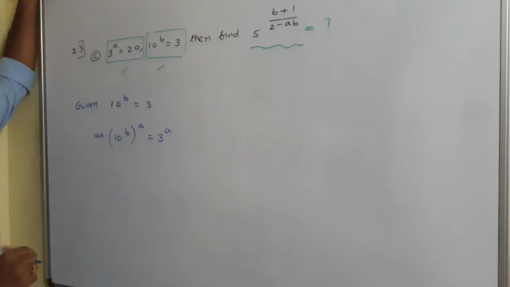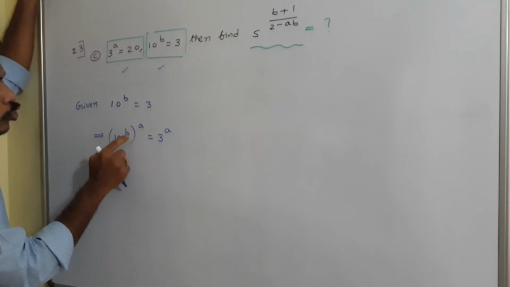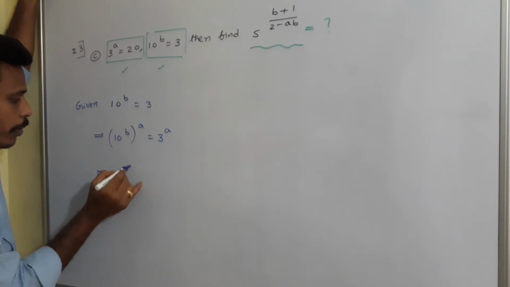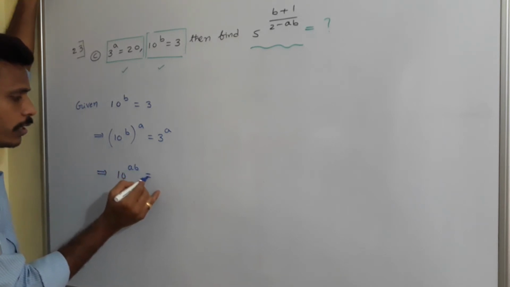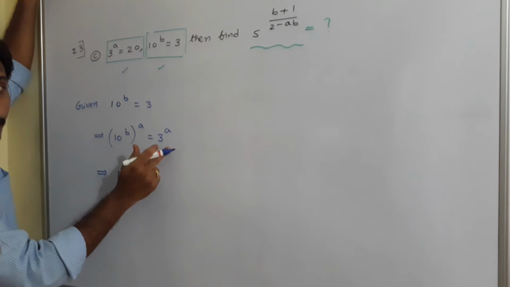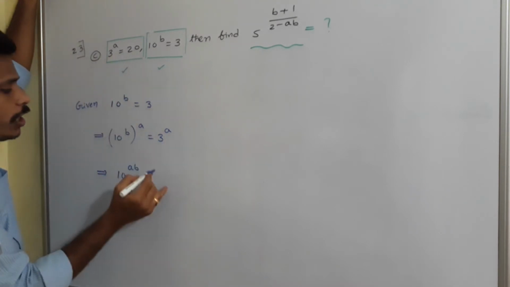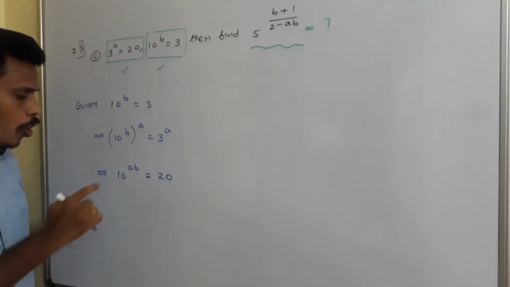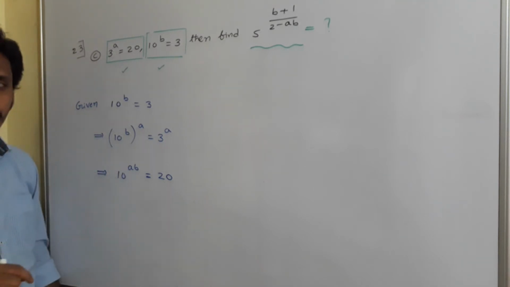Here it is a power m power n, so there is a chance to multiply these two. That implies 10 power ab is equal to 3 power a. But 3 power a is given as 20, so 10 power ab is equal to 20.